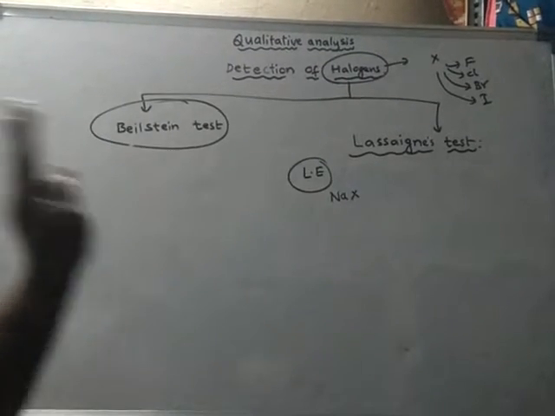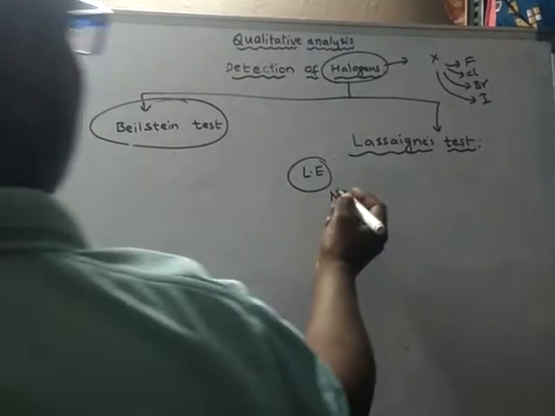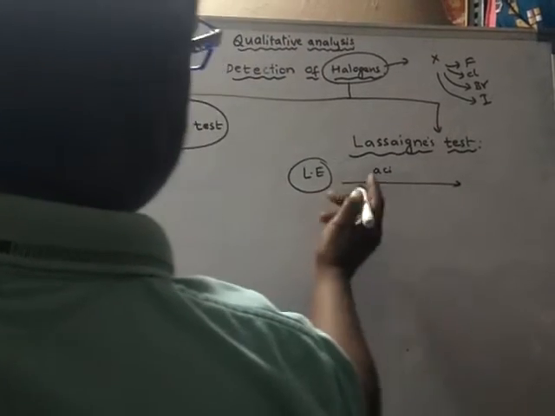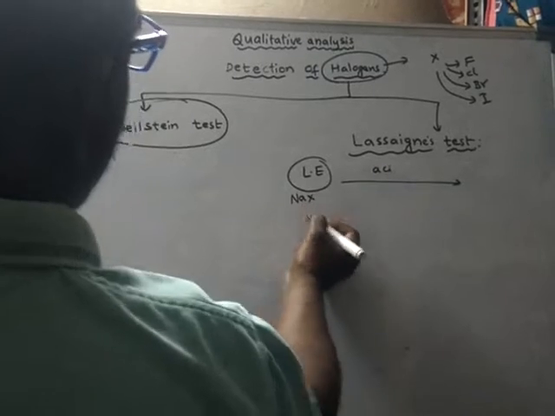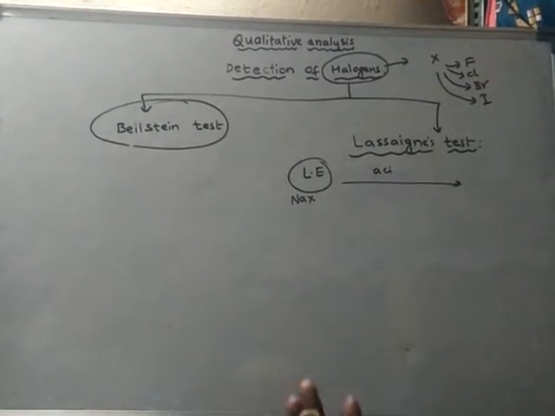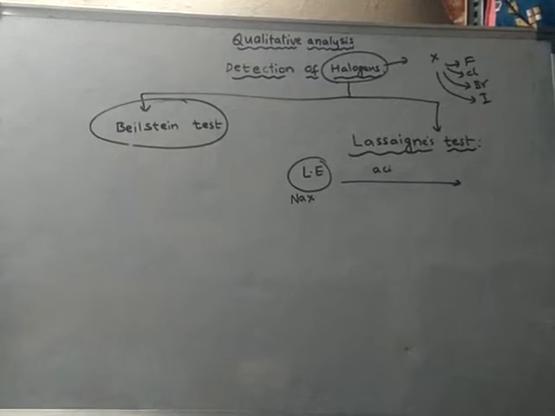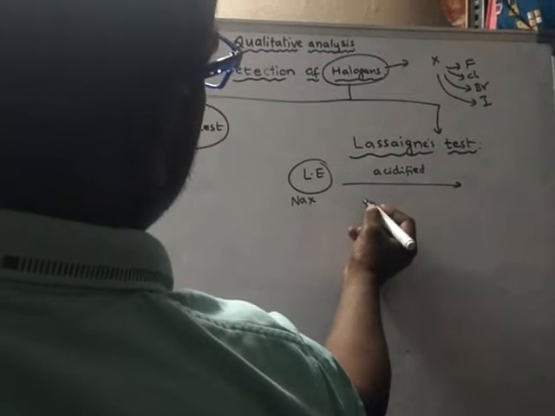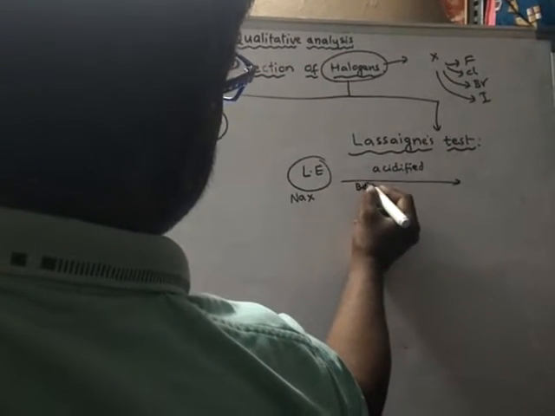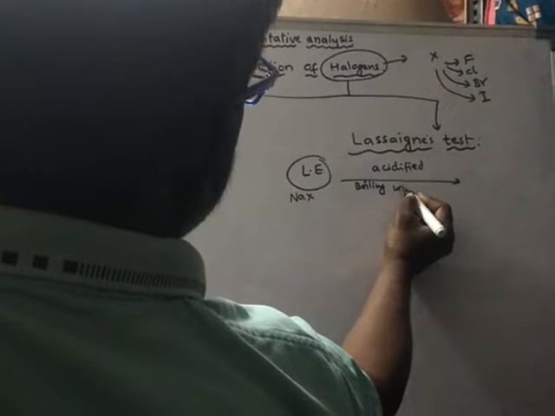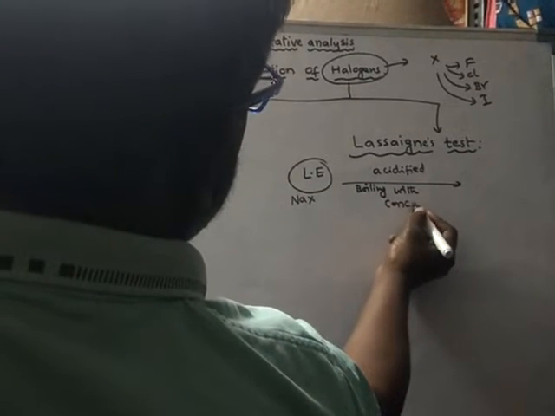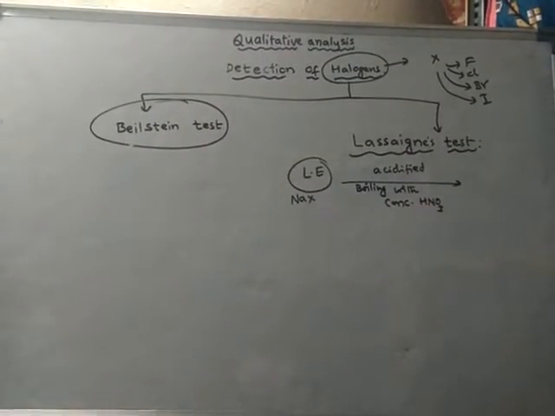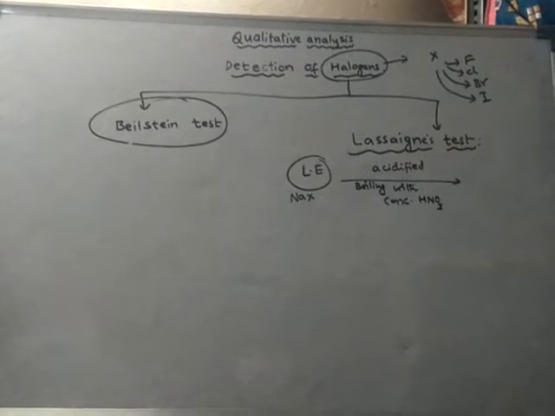Simply, the Lassaigne's extract we have prepared, this extract which has sodium halide, halide meaning maybe sodium chloride, sodium bromide, or sodium iodide, is initially acidified by boiling with concentrated nitric acid. That means this Lassaigne extract is boiled with concentrated nitric acid.